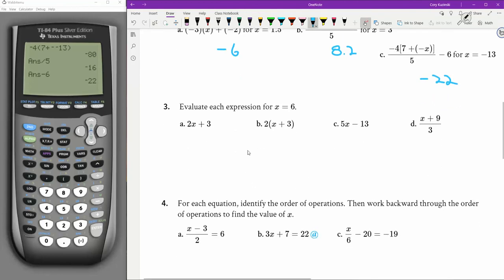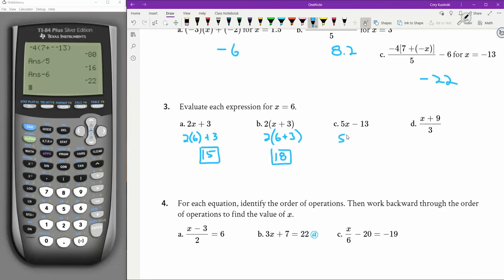Evaluate each expression for 6. 2 times 6 is 12, plus 3 is 15. Not hard. This one, though, it's 2 times the sum of 6 and 3. The sum of 6 and 3 is 9. Times 2 is 18.